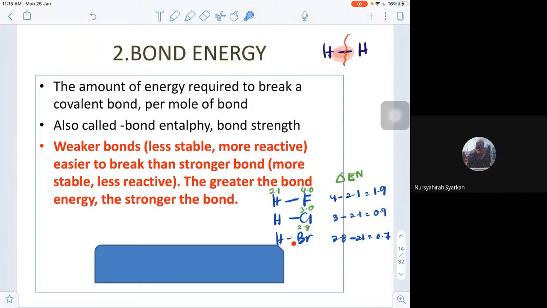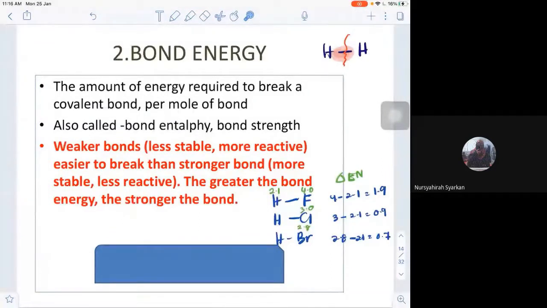If the strength is on that trend, then it is related to the energy as well. The stronger the bond, the more energy is needed to break it, so the bond energy will be higher. One of the factors that determine the strength of the bond is this delta EN, the difference in electronegativity.